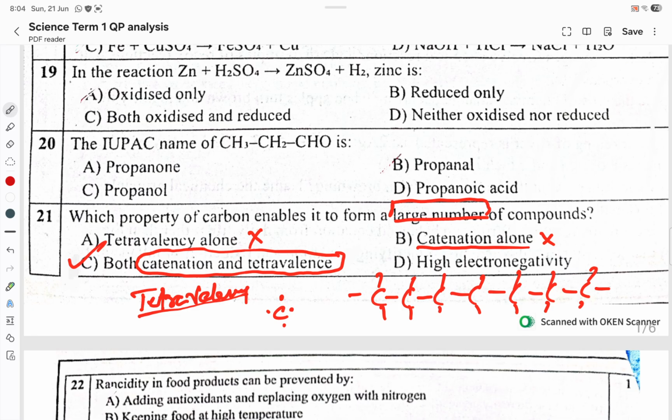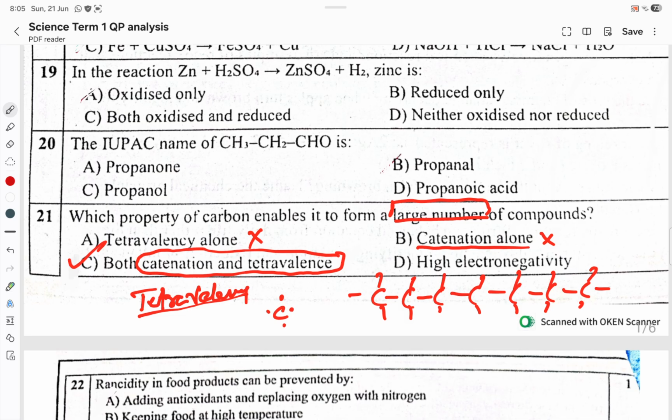Like a diamond: a small piece of diamond has millions of carbon atoms present in it. And graphite also, a small piece of graphite has millions of carbon atoms present in it. All carbon atoms are linked to one another by covalent bonds.